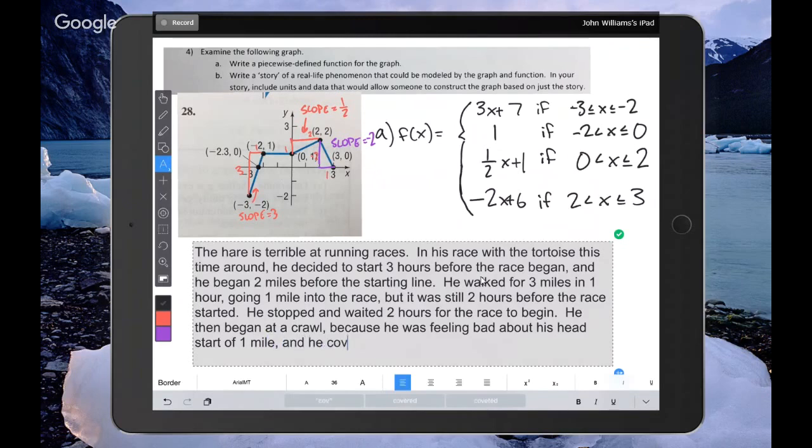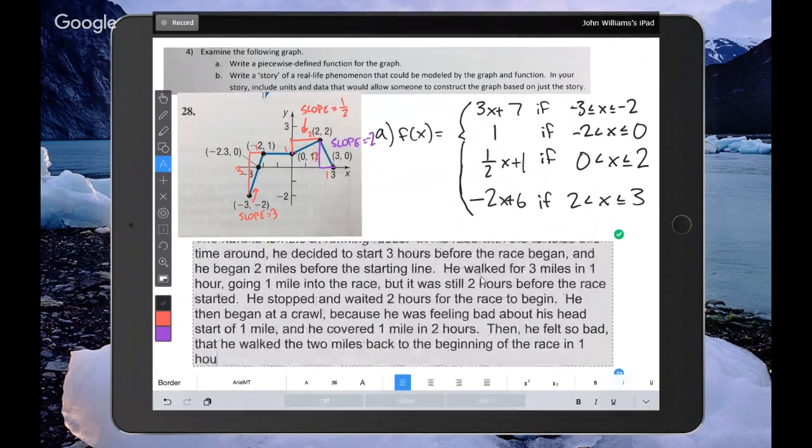And he covered 1 mile in 2 hours. That is slow. Then he felt so bad, he walked the 2 miles back to the beginning of the race in 1 hour.